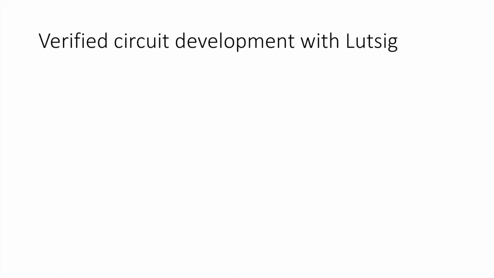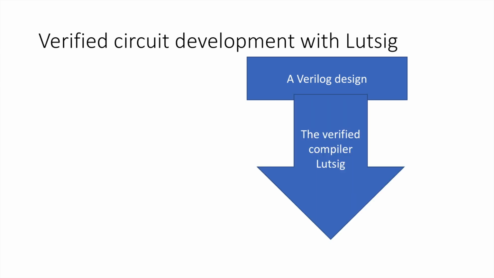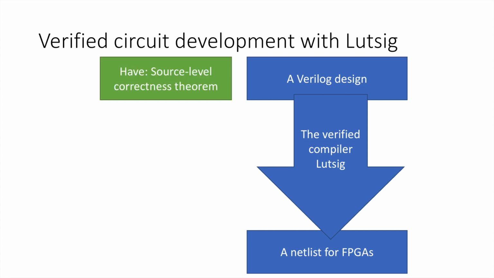To use Lutsig in verified circuit development, we suggest following the approach usually taken inside ITPs when developing verified software. Concretely, you start with a Verilog design, and then you use Lutsig to produce an FPGA netlist. After this, you prove your circuit correctness theorem on the source level.